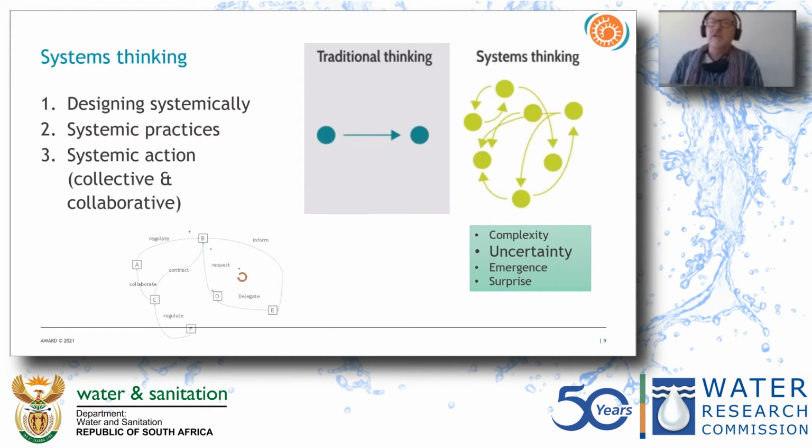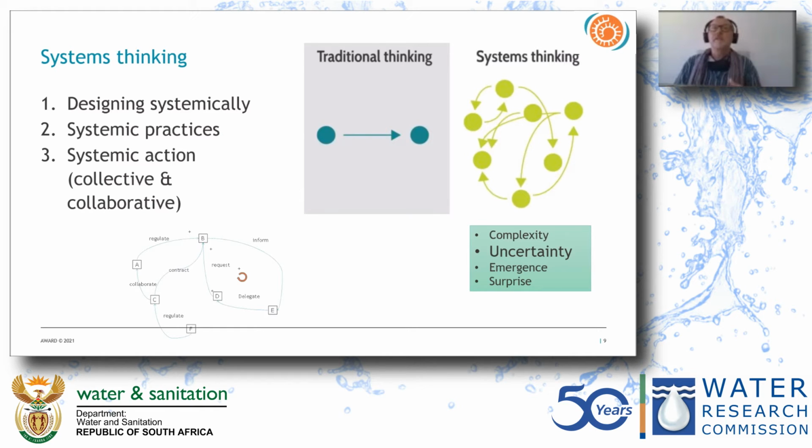There's going to be uncertainty because of that complexity. There's going to be emergence, things emerging out of interactions that you might not be prepared for. Hence, you can end up getting surprises. Like the COVID situation has taught us, a year and a half ago no one would have thought we would end up where we are today. It's a surprise. And have our systems been able to address that through management and preparation?